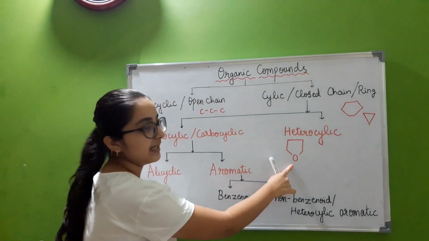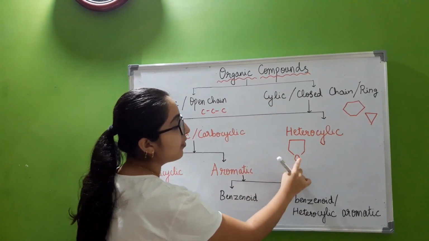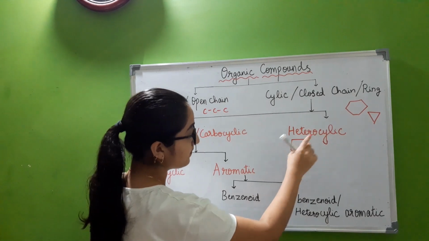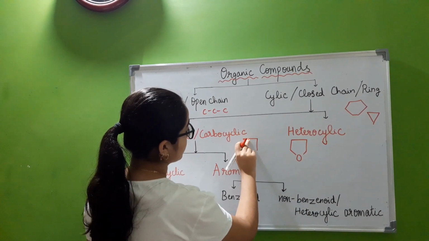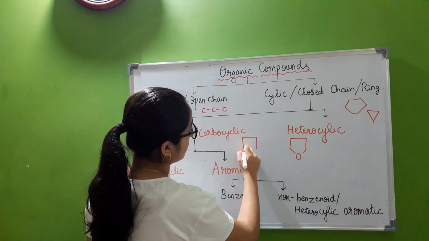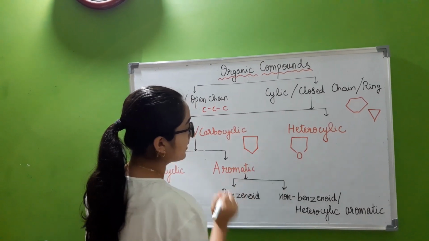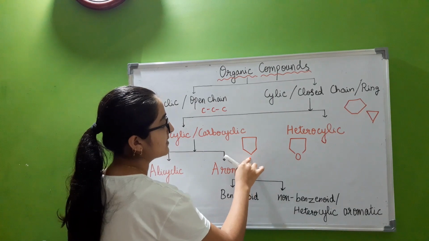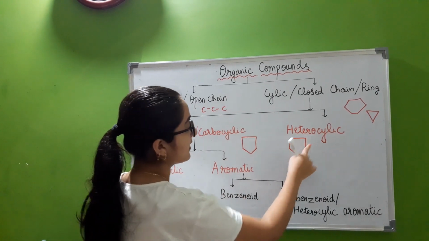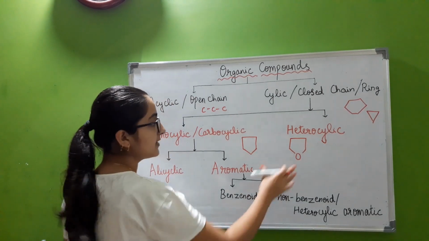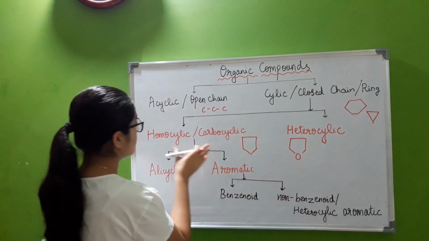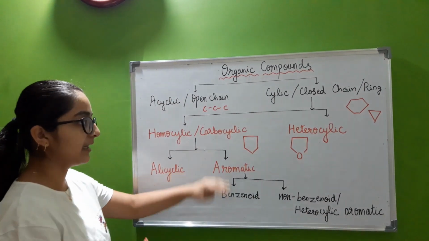For example, tetrahydrofuran, where there is an oxygen atom in place of a carbon atom. If I take the example of a closed pentane, all the atoms present here are carbon, but for heterocyclic, one atom present here is oxygen. So this is a heterocyclic compound and this is a homocyclic or carbocyclic compound.